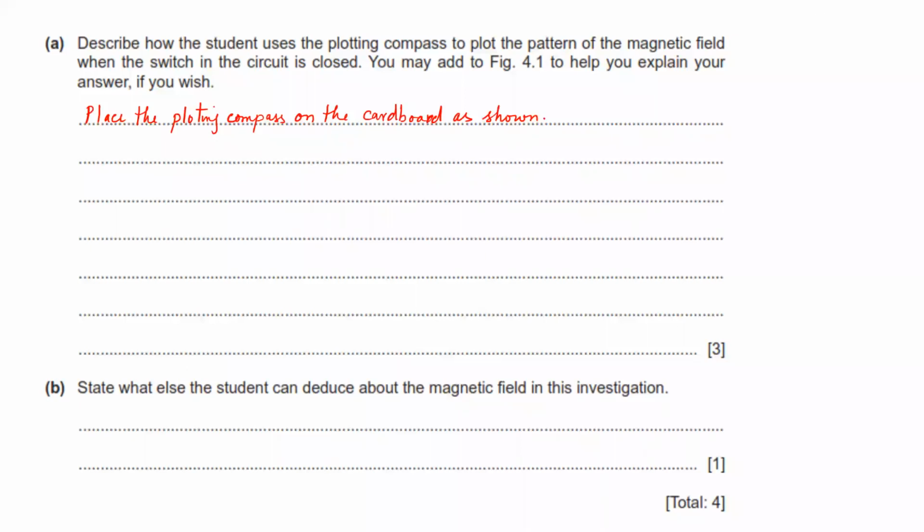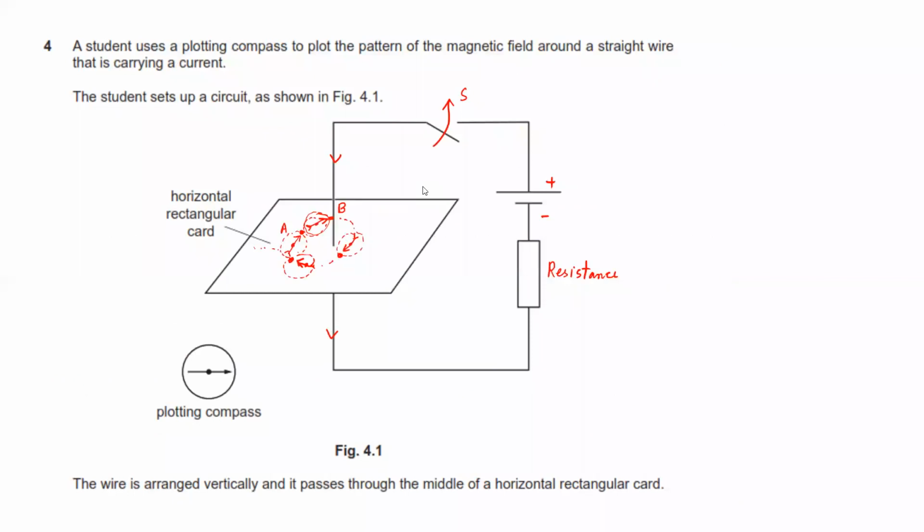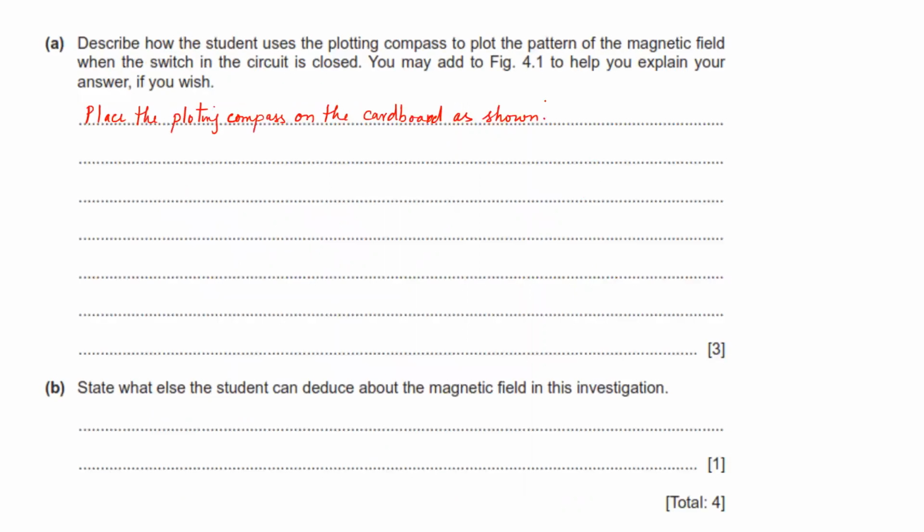So place the plotting compass on the cardboard as shown. We can use this figure as well. As shown at point A, as shown in A.